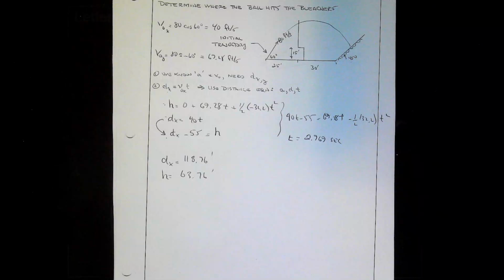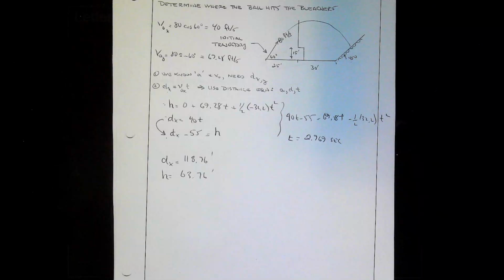One equation, one unknown, solve for t, come up with 2.969 seconds. All right, stick t back into here and here. This will give us the x, that'll give us the y.